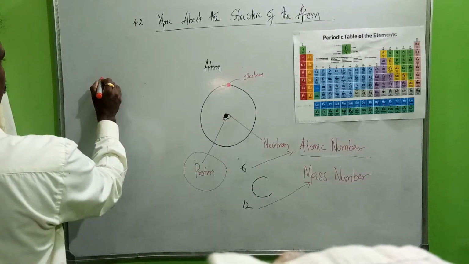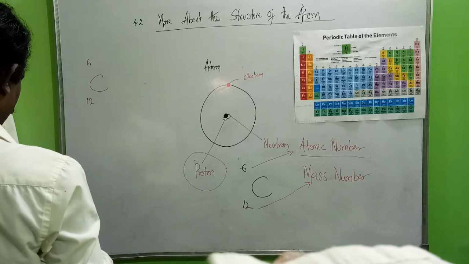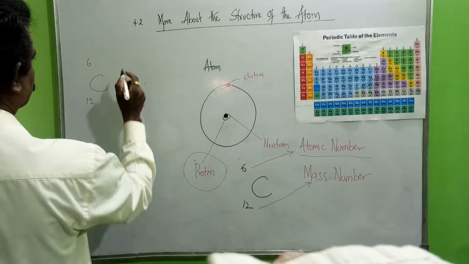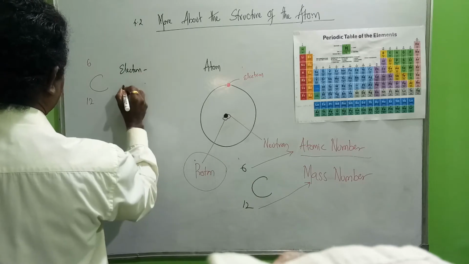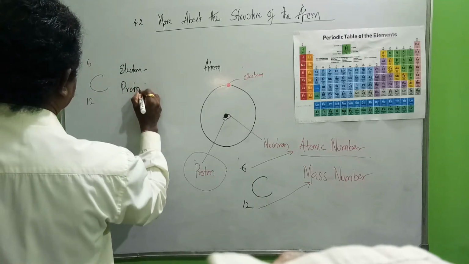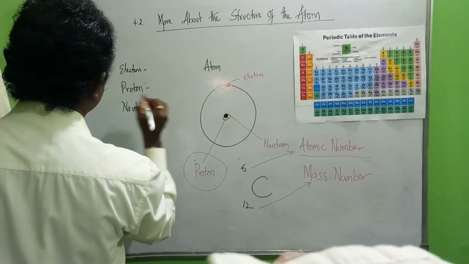I'll just show you. Carbon 6, 12. Clear? Now, how many electrons, how many protons and neutrons? Correct? Now let us see one by one.